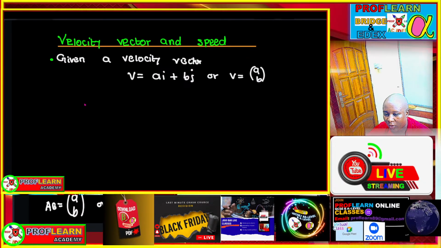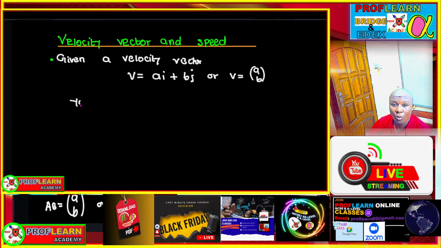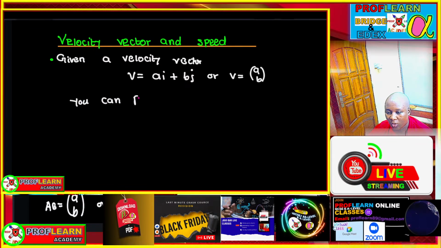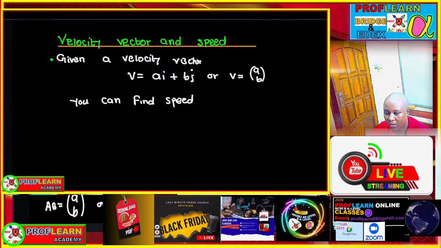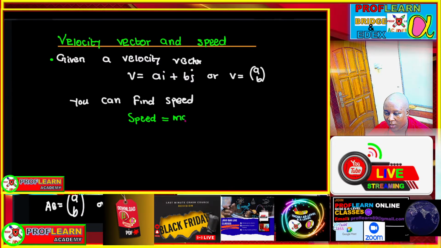So for you to find speed, you need to work out the magnitude. You need to calculate the magnitude of the velocity vector, in unit form or column form. So speed is equal to the magnitude of the velocity vector.